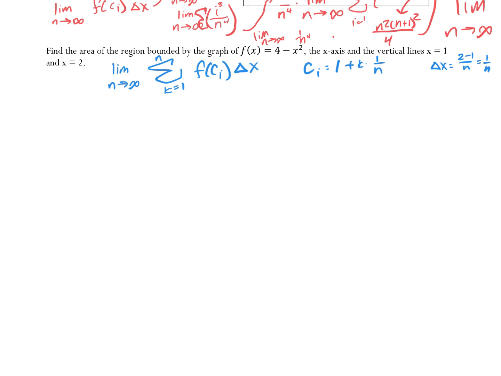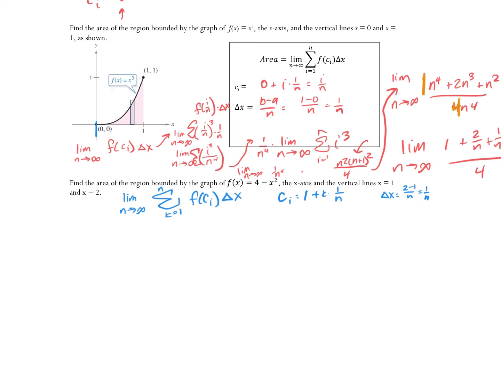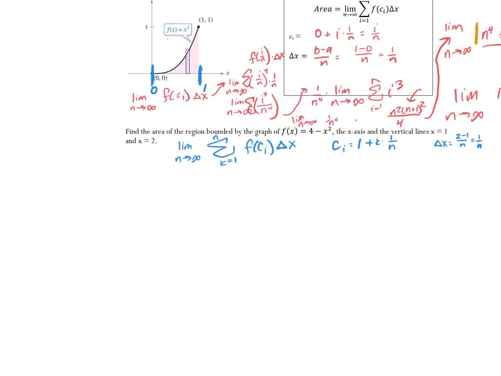Why was a 0 for the one we just did? Because it's always these two numbers. So this is 0, this is 1. Whereas in this case, we're doing it in between. If I drew a picture of this, 4 minus x squared is a parabola kind of doing this. And between 1 and 2, we're finding this area.